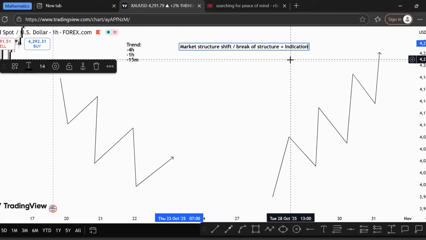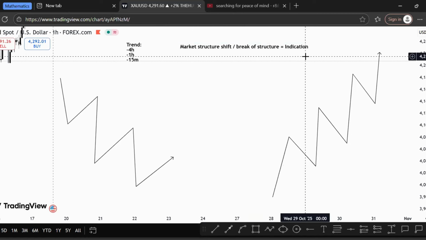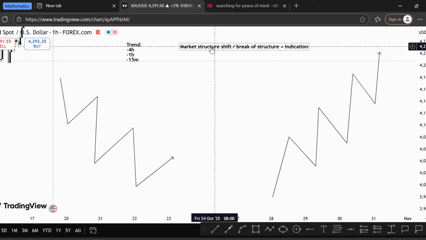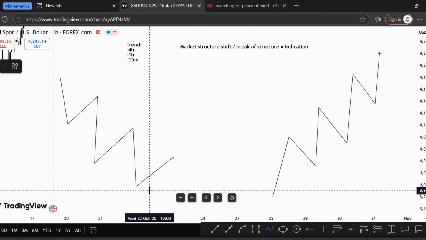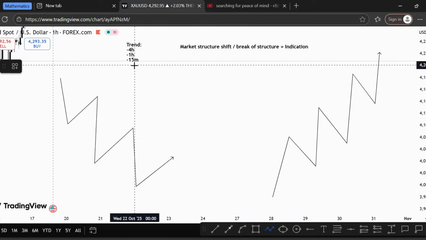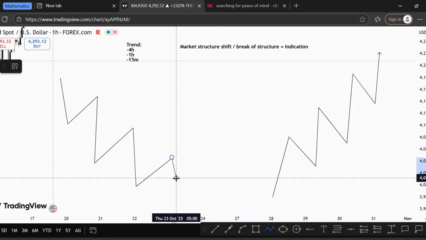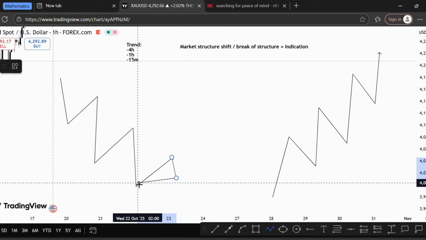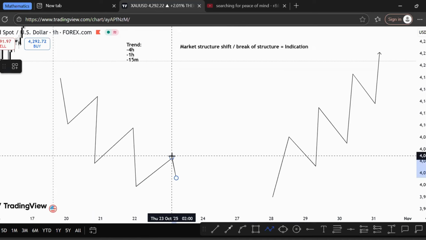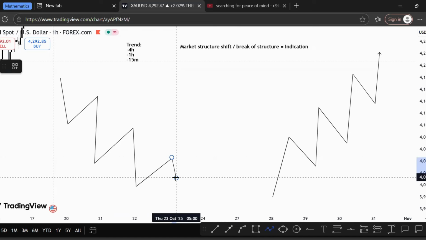Because indication is then that market structure shift or a break of structure. They're responsible for indication, right? So as you can see, we have a downtrend on any of these time frames. Then I see price giving me a lower high, instead of giving me a lower low, it then gives me a higher low.